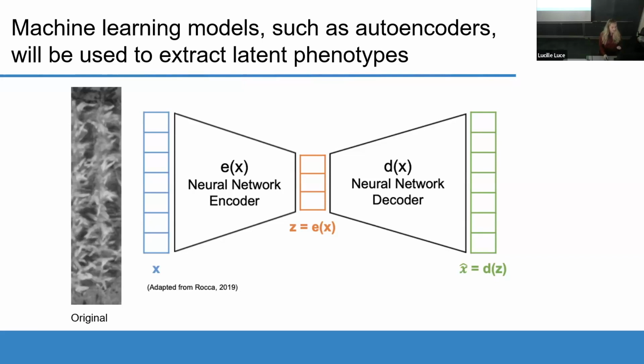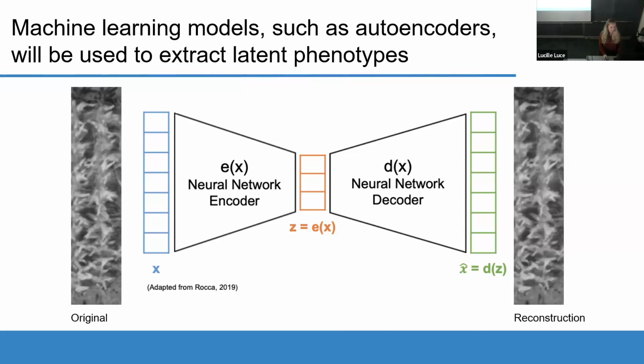This latent space is then passed through a second neural network, the decoder, which is analogous to the first, to reproduce that original image. And this model is optimized such that the difference between the original and the reconstruction is minimized. And in that way, the latent space, or the latent phenotypes, we hope capture the important features, reducing the noise of these images.